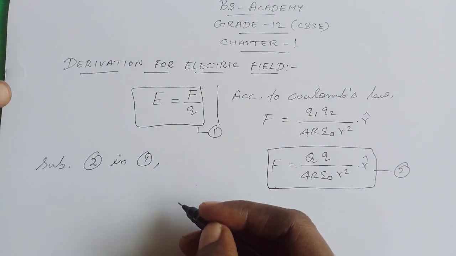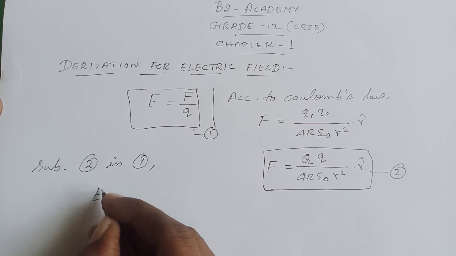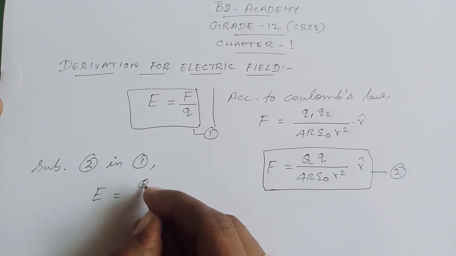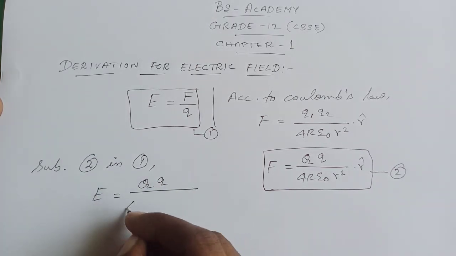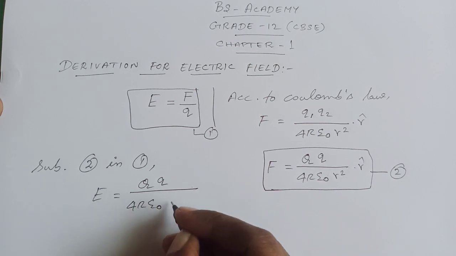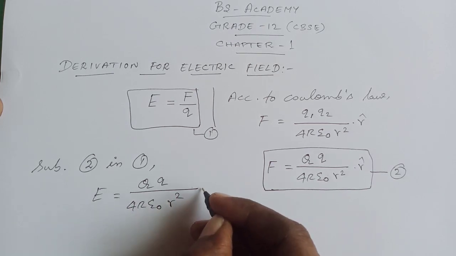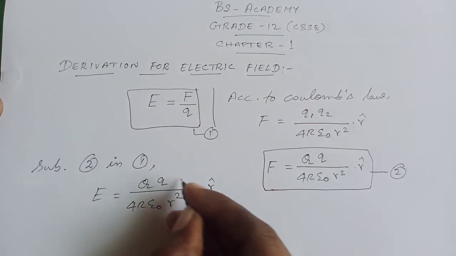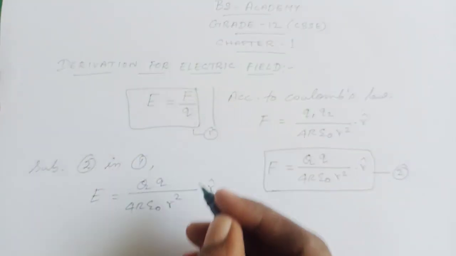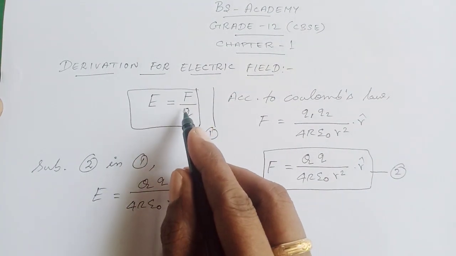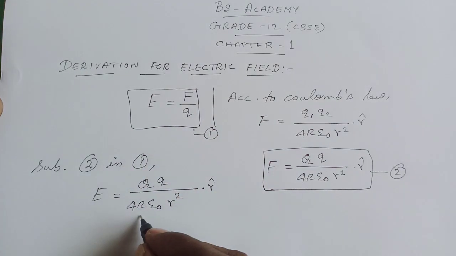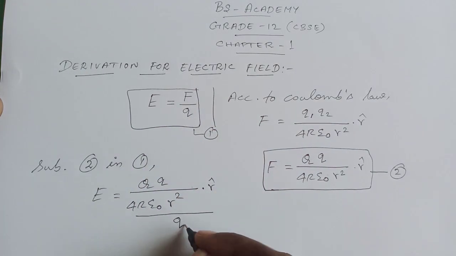So E is equal to Qq by 4 pi epsilon naught r square into r cap, this is the value of F, and the whole divided by small q.